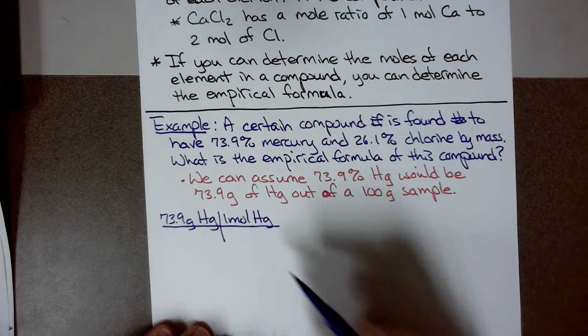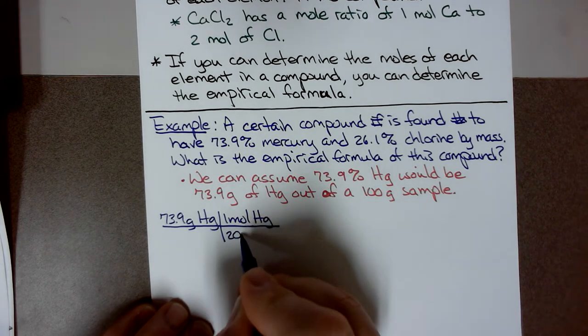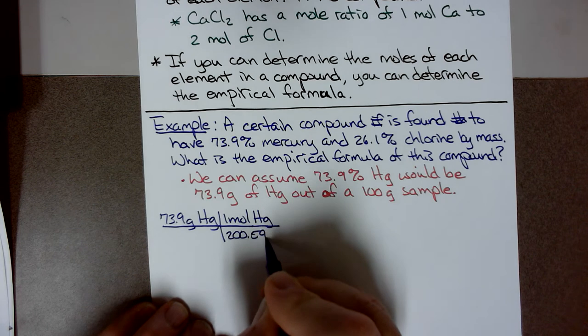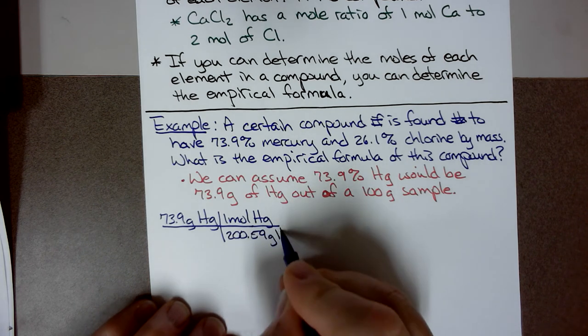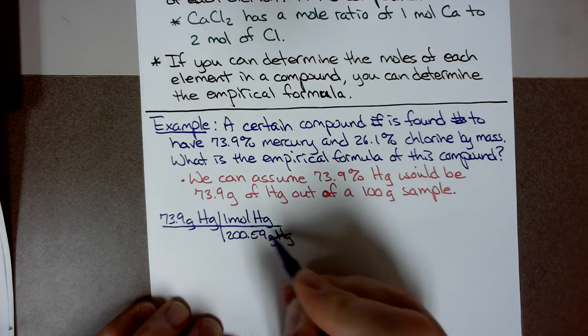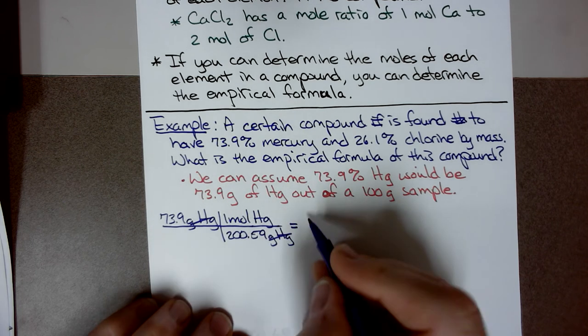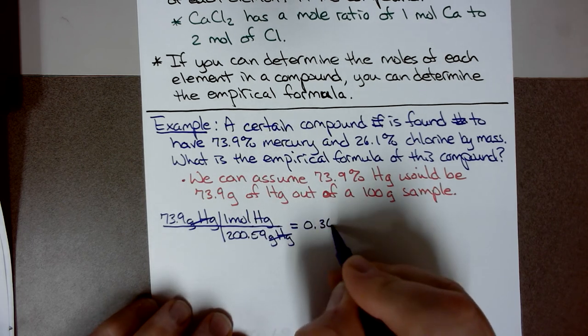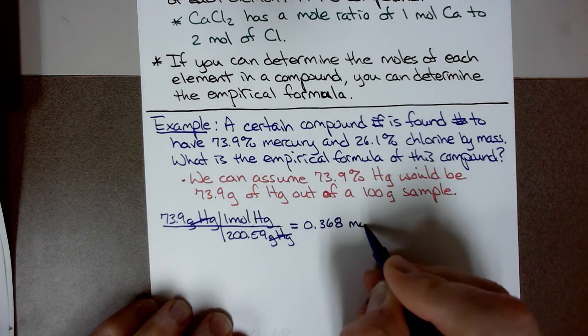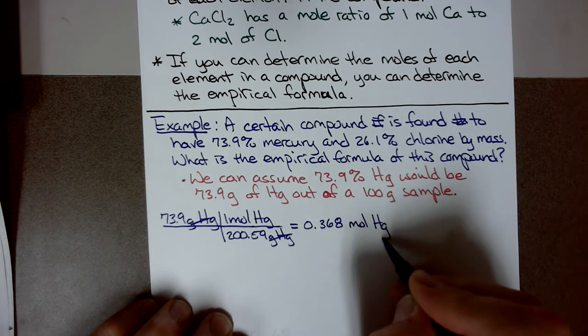So 1 mole is 200.59 grams of mercury. Grams cancel, so now I've got the moles, so that's 0.368 moles of mercury.